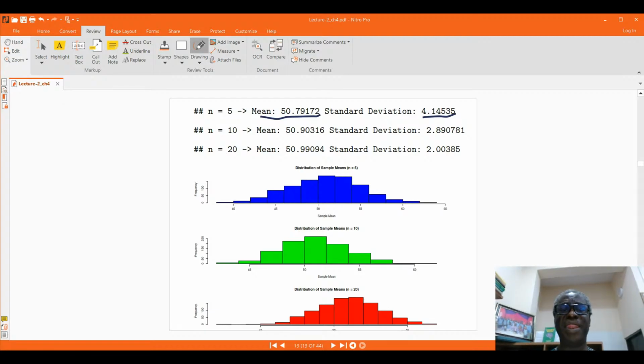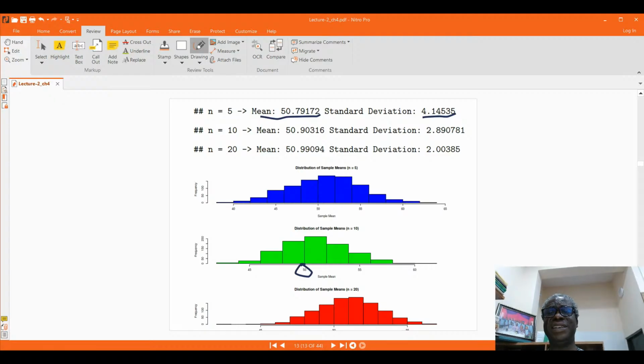Again, when the sample size is 10, what can we notice? The mean of the sample means, that's what you have here, is also around 50. And the standard deviation has reduced to 2.89.